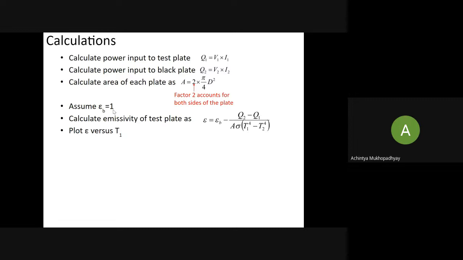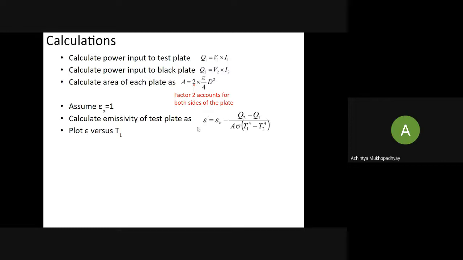But that would be very cumbersome, because from time to time you may have to paint the plate with this lamp black. Every time you give a coating of lamp black, the condition changes. You have to again take it back to the vacuum chamber, do the experiment and calibrate its value.